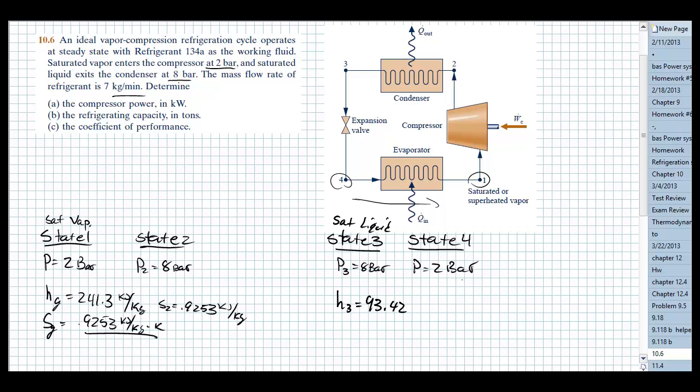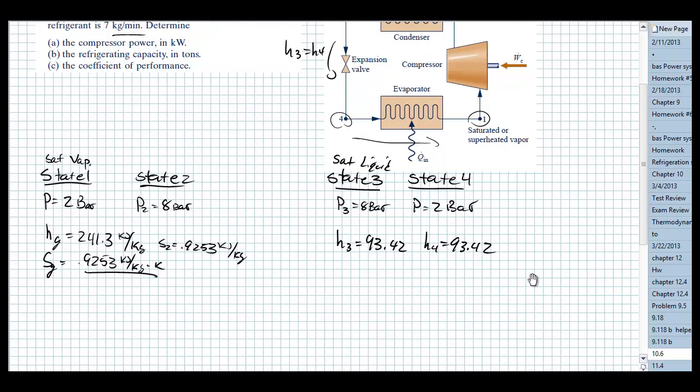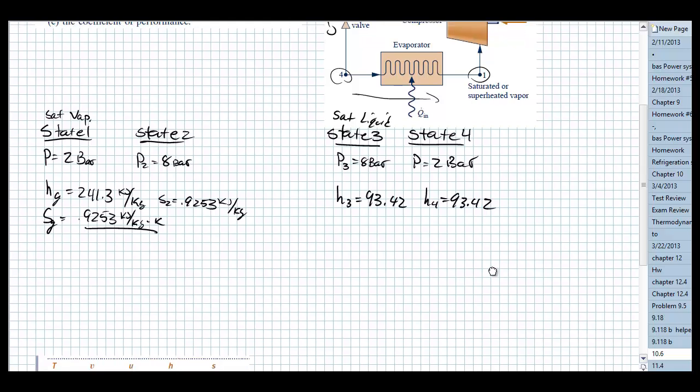And through the expansion valve, H3 equals H4, so H4 was 93.42 as well.